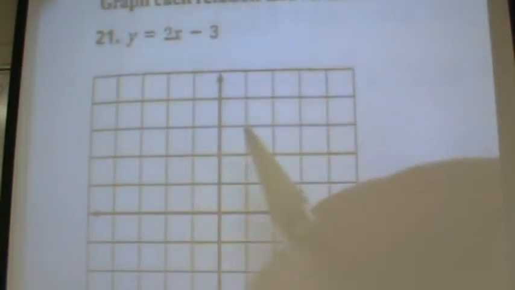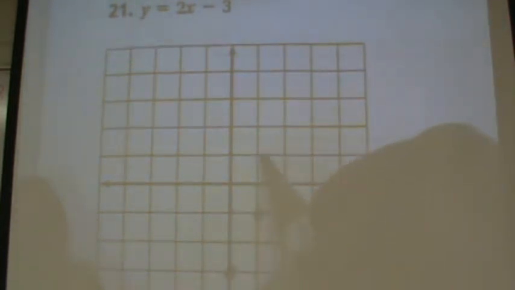Now, what I want you to do for 21, read the question. It says graph each relation and its inverse. So there's a couple ways you could do this one. Go the easiest route. How would you graph this problem? What's the easiest way to graph y equals 2x minus 3? You go to negative 3 and you go up 2 and over 1, up 2 and over 1. Now, just lightly connect these dots.